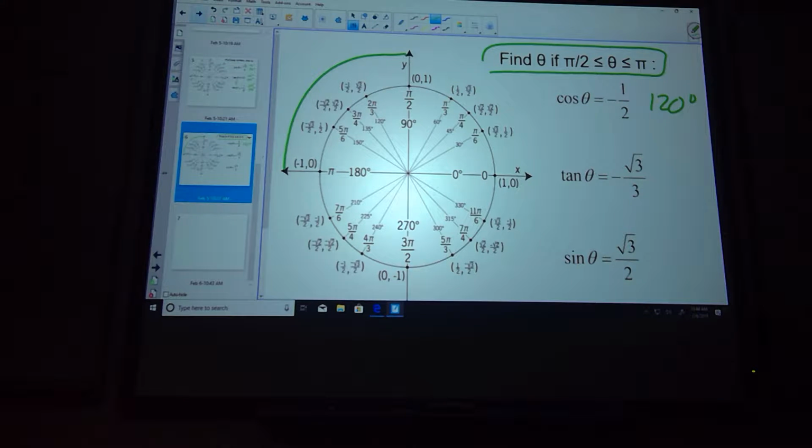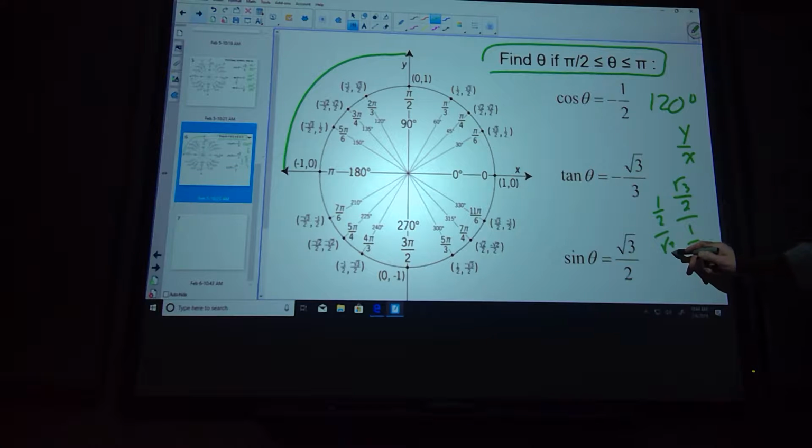So tangent theta is y over x. If I have a y over x, and I have a √3 here, that means I want my original √3. Let's see if this works. If I have √3 over 2 over 1/2, nope, that's just √3. I need the √3 on bottom.